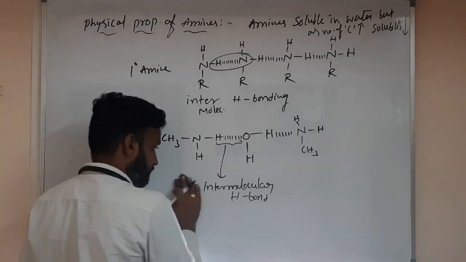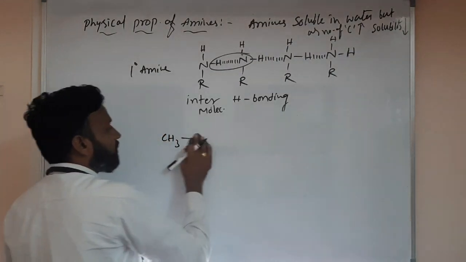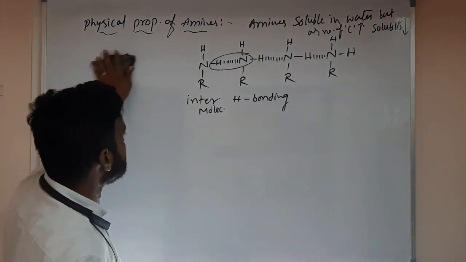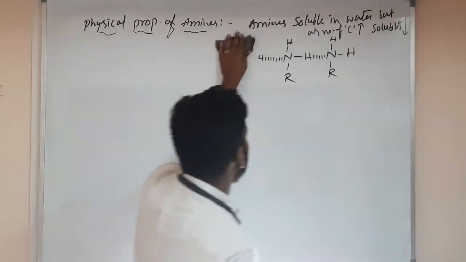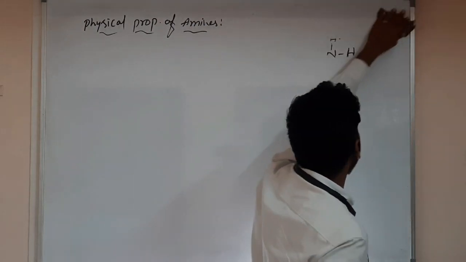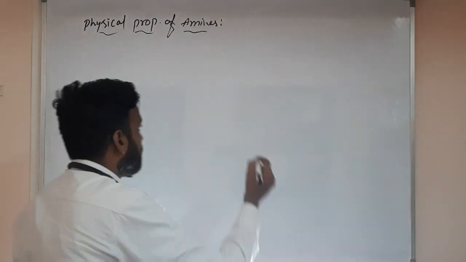So due to hydrogen bond, amines are soluble in water, but as I mentioned, as number of carbons increases, solubility decreases in water. But as number of carbons increases, solubility in non-polar solvents increases. Understood, everyone?